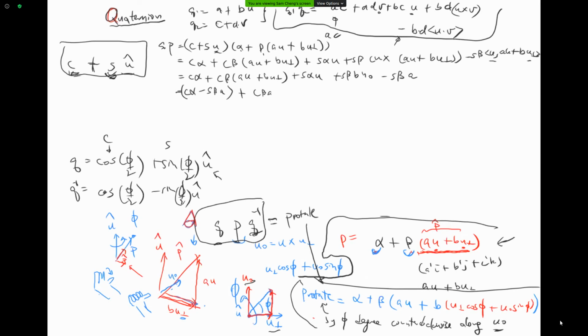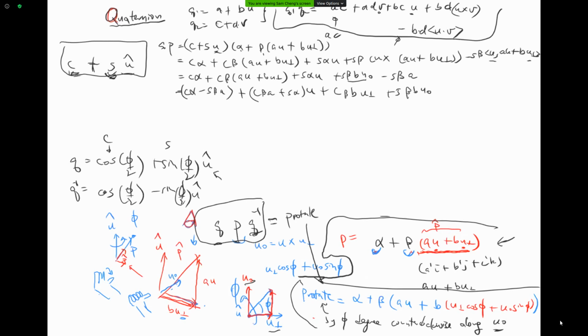That's the coefficient for U. And then I have U perpendicular. Basically, we're going to have C beta B U perpendicular, and then I have S beta B U naught. This term here. I think that's it. So this is Q times P.